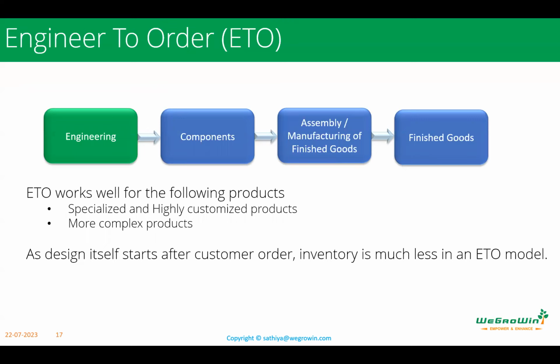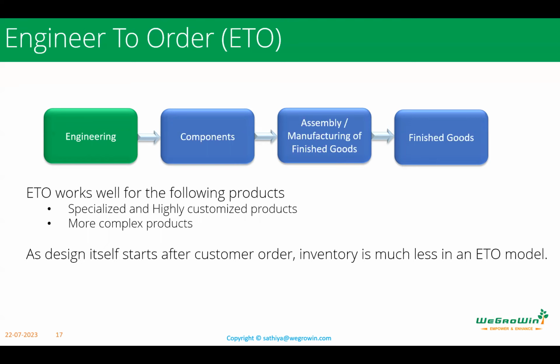And then engineer to order is almost the same as make to order. Only thing is you are starting the design itself from scratch, the lead time is starting even from the designing. Like, you have a modular kitchen, right? The modular kitchen, they do this as make to order. Only after getting the order from the customer, they make it and give it.